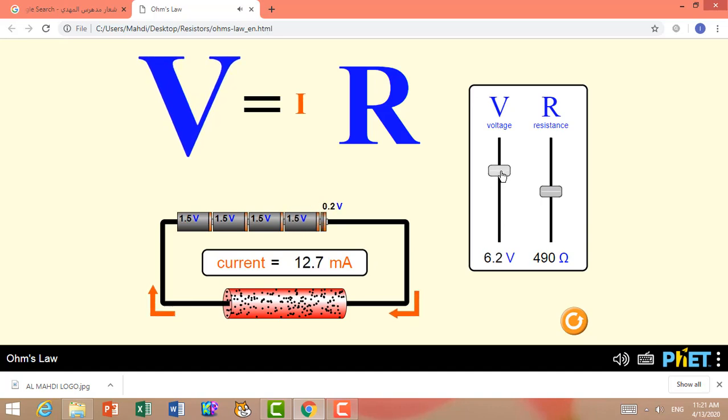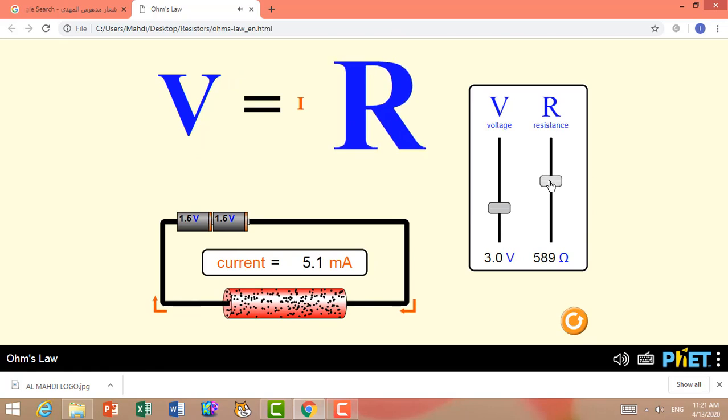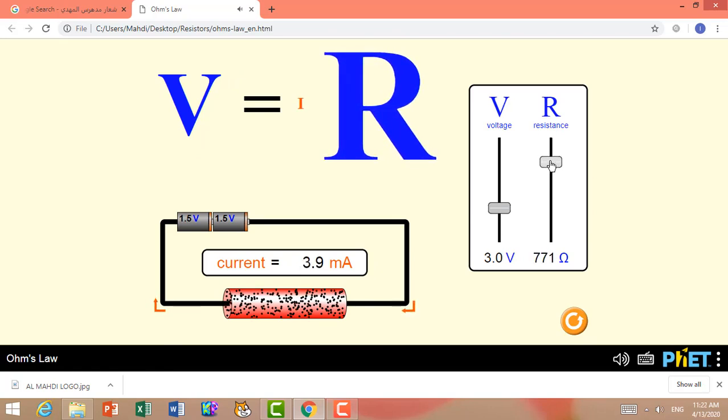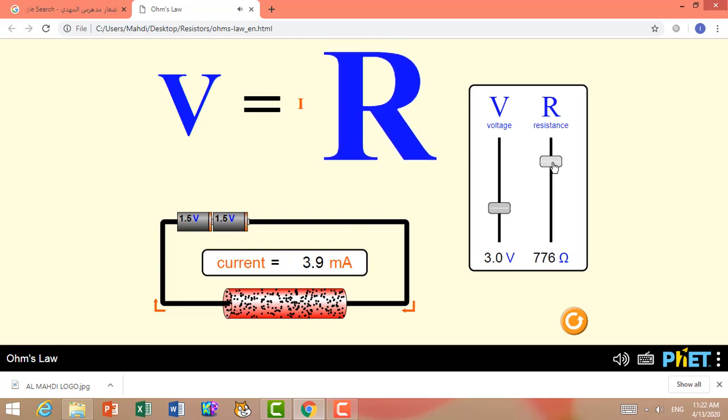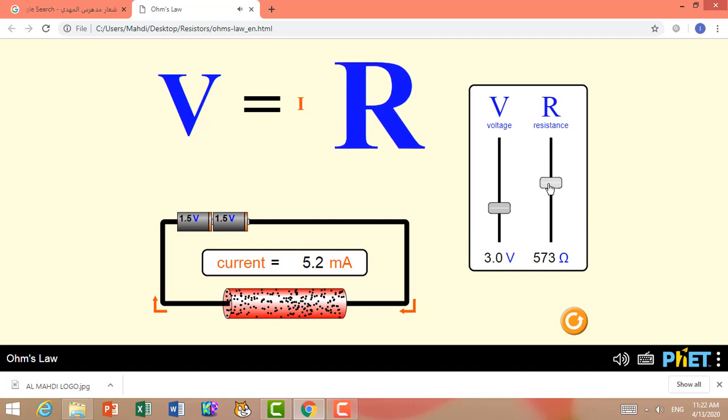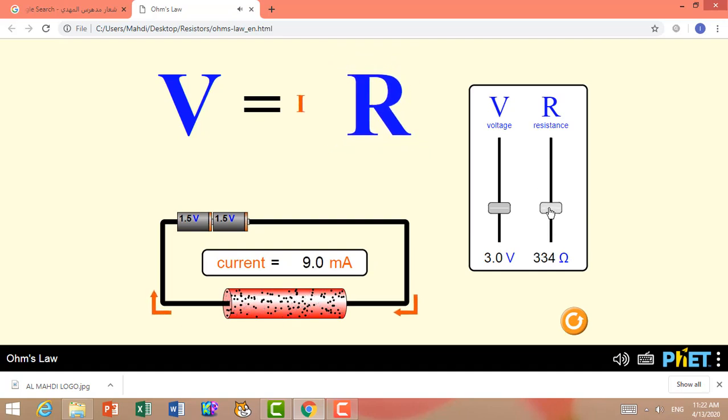Here we are using the same resistor. But what if we change the resistance? As R increases, current decreases. Thus, resistance and current are inversely proportional, while voltage and current are directly proportional.